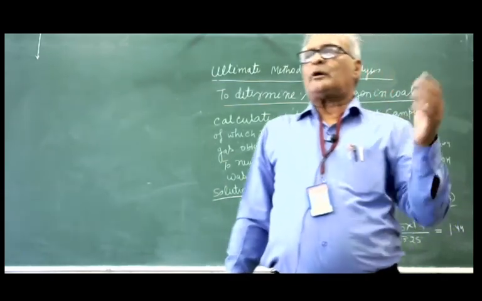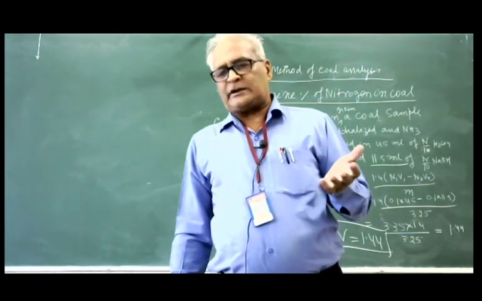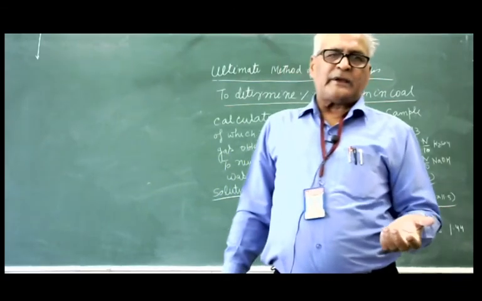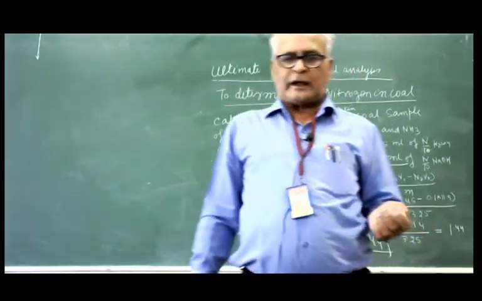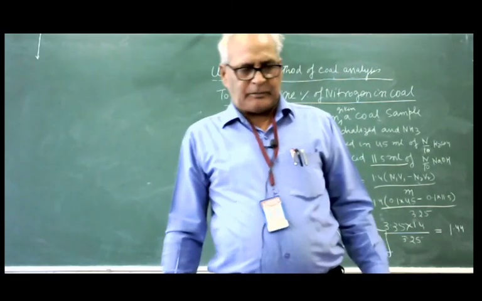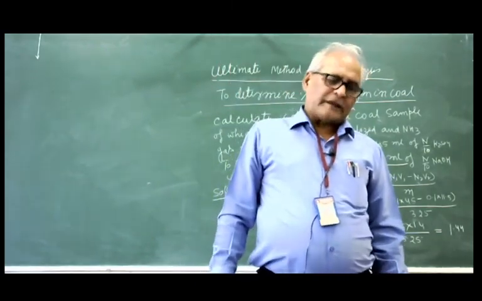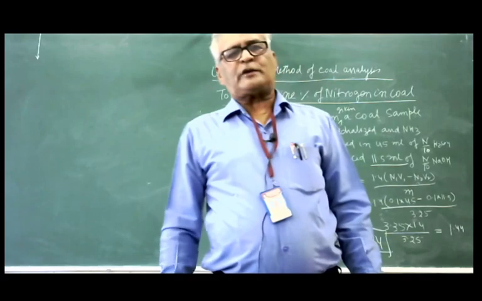So whenever it is asked for the ultimate method, that is the experimental determination of percentage of carbon, hydrogen, nitrogen. So this is all about it. Thank you very much.